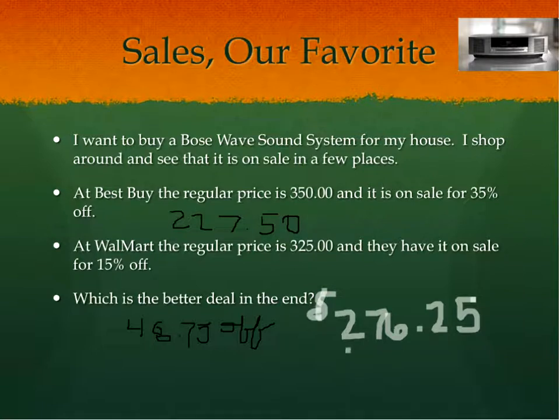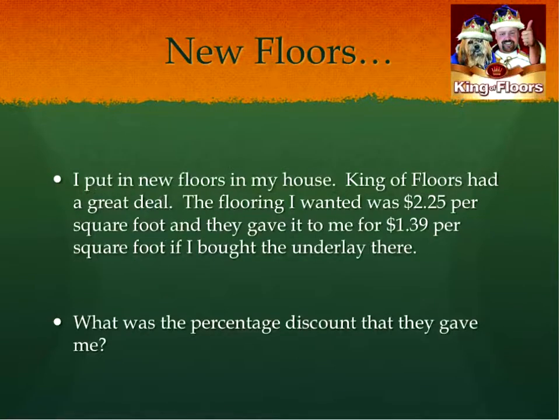So if I'm paying $276.25 at Walmart or $227.50 at Best Buy, I'm thinking Best Buy is the better price because it's lower. So we always want to pay the lowest price. Manry knew that. Good. So you guys getting that? It's really important when you're figuring out a discount that you remember to do that final step and take the discount off of the regular price so you can figure out what you're going to be paying. Super important.